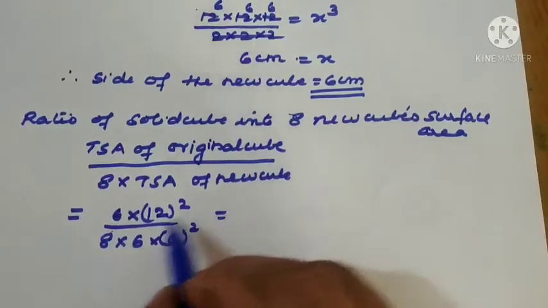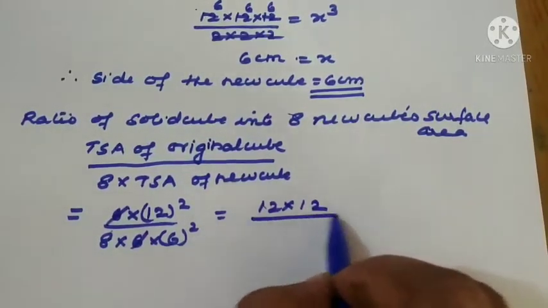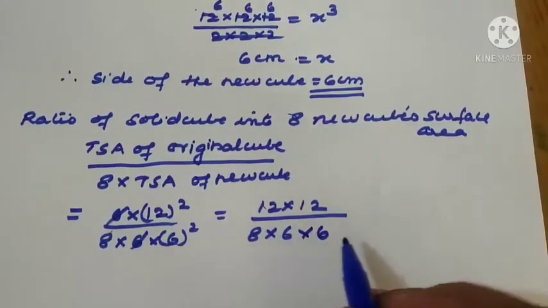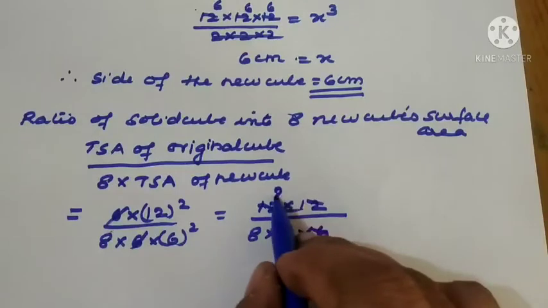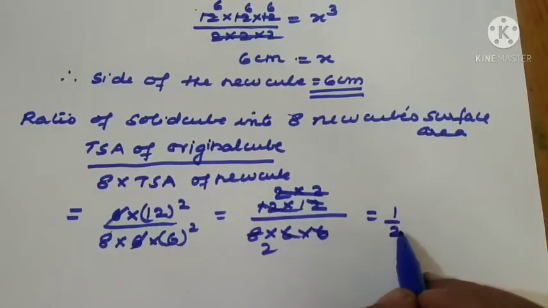That means the 6 we can cancel. 12 into 12 divided by 8 into 6 into 6. So the ratio is 1:2.